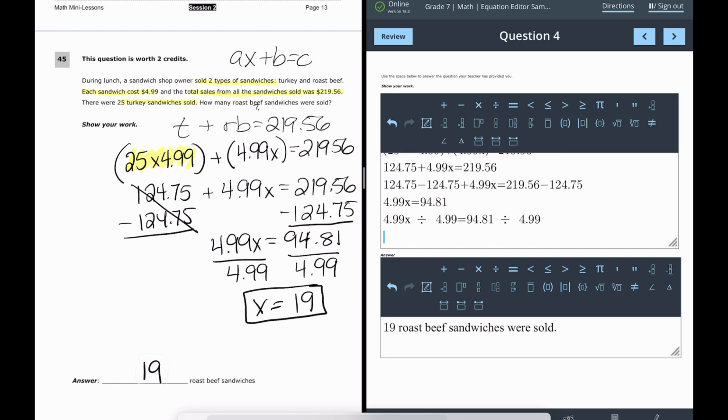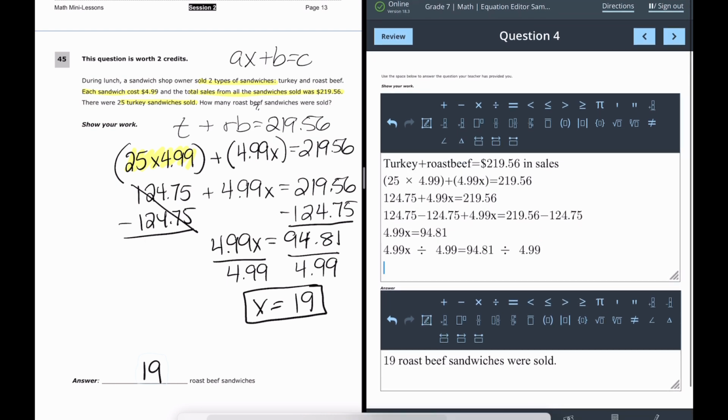And now let me move down this little part here. I can put in my final answer. So x is equal to 19 sandwiches. Boom, done.